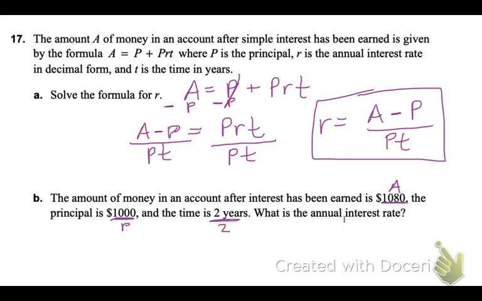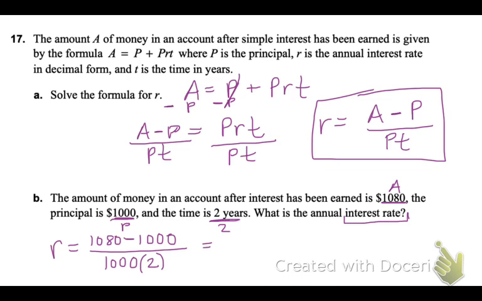So the interest rate, it's usually in decimal form, but we can also convert it to a percent. So we will start with R is equal to, we have our 1,080 minus our 1,000, and then we'll divide that by 1,000 times 2.